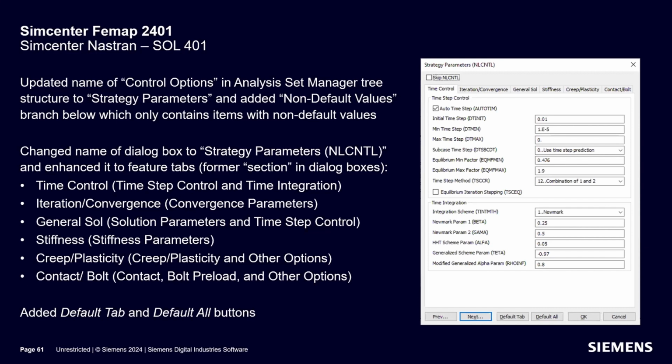And some of it's been reorganized into topics and sections that make a little more sense. If you're looking for a map from where it was before to where it went, this slide will tell you everything you need to know.